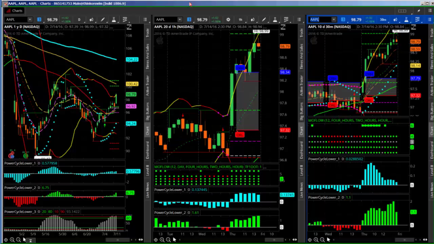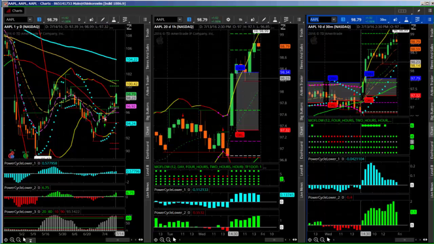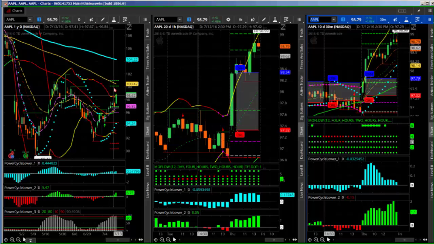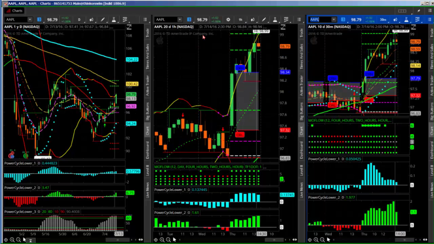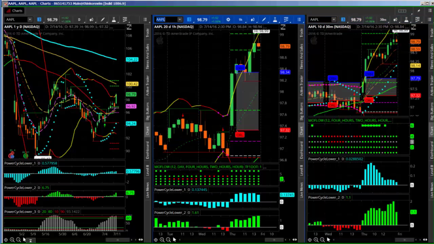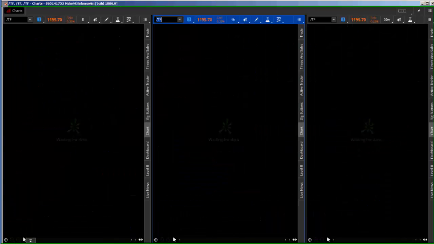I just have Apple up here, but you can see Apple's had a great breakout. Now, the thing I'm really watching closely right now is the RUT, the Russell 2000. I'm looking at the Russell 2000 and the SPX, or the S&P, for setting up some bear call credit spreads.